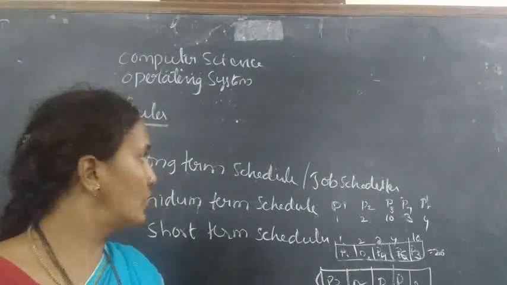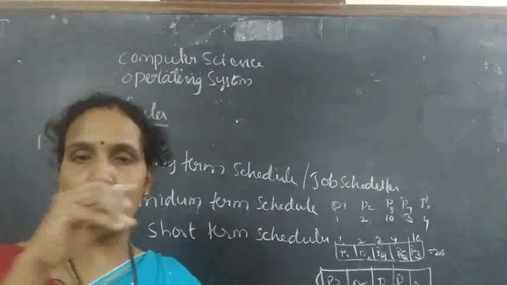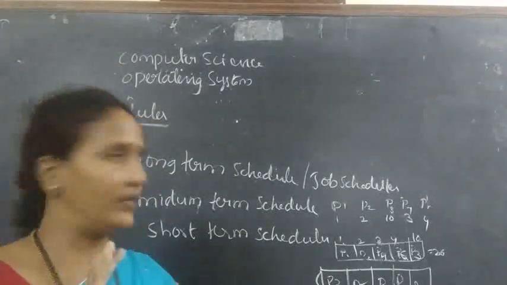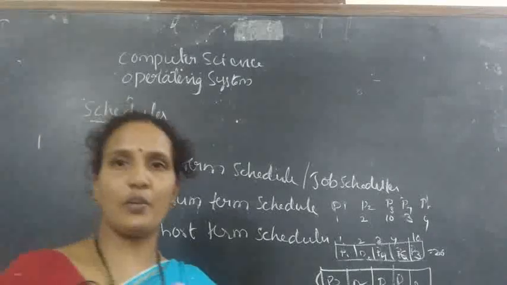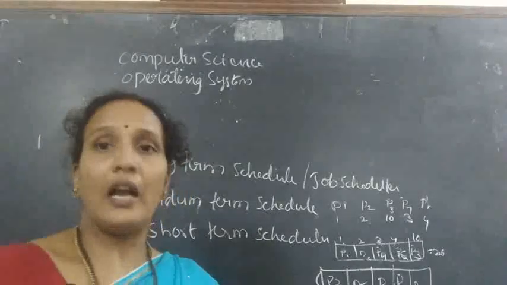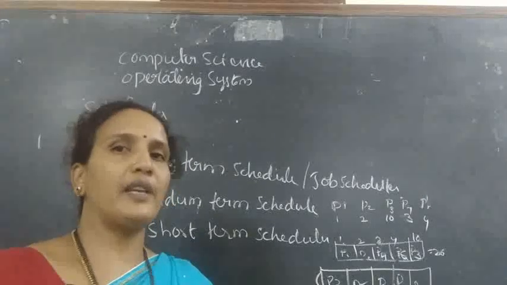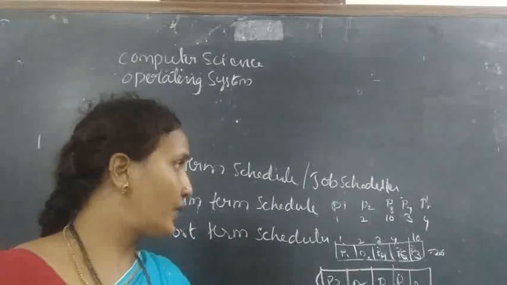When your queue is maintained, the scheduler will think of all these things. Whichever job takes less time and whichever is important, having more priority, will be executed first. Understood all of you?